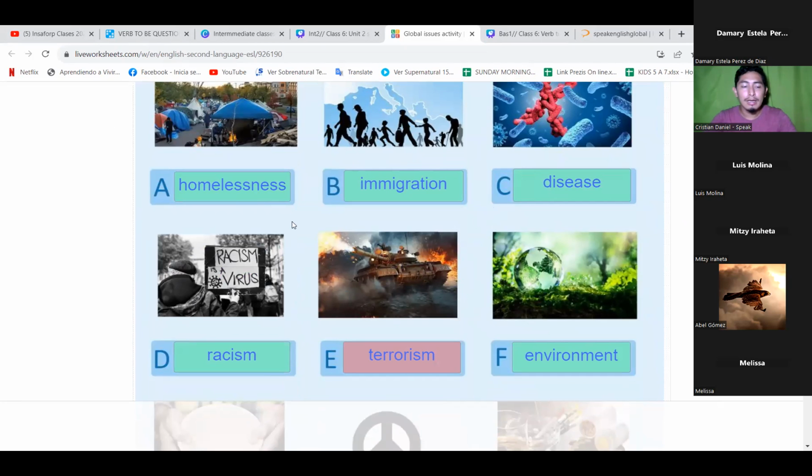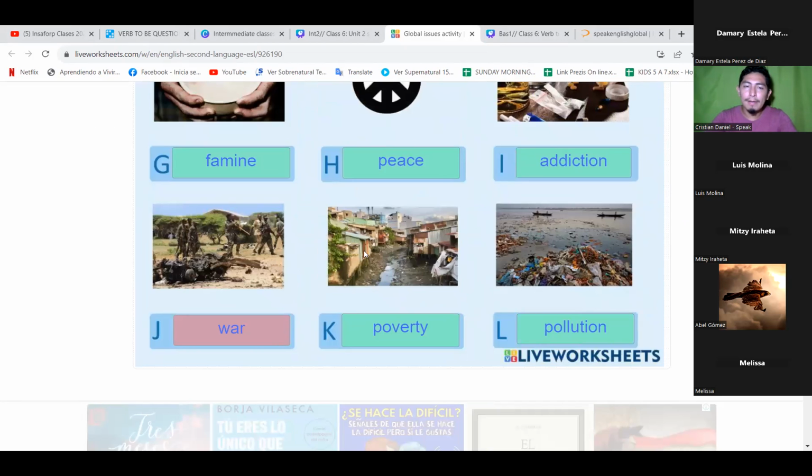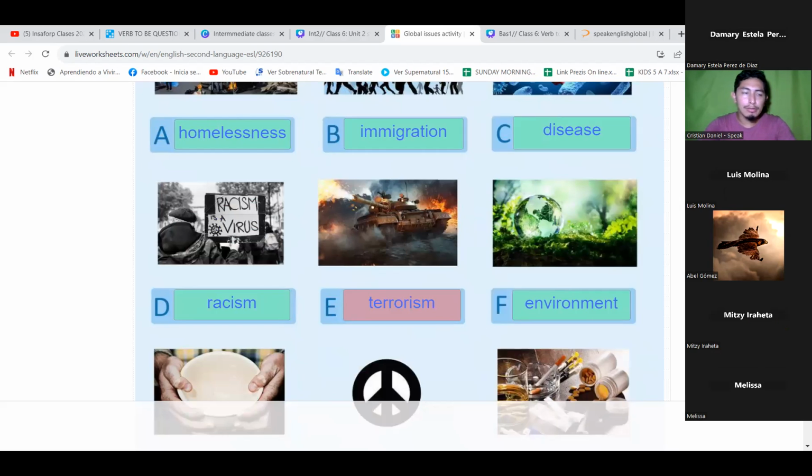Actually, they are very similar. It's terrorism and war, okay? These are common words, but I could say that they are similar. That's why we got confused, but we did an amazing job.